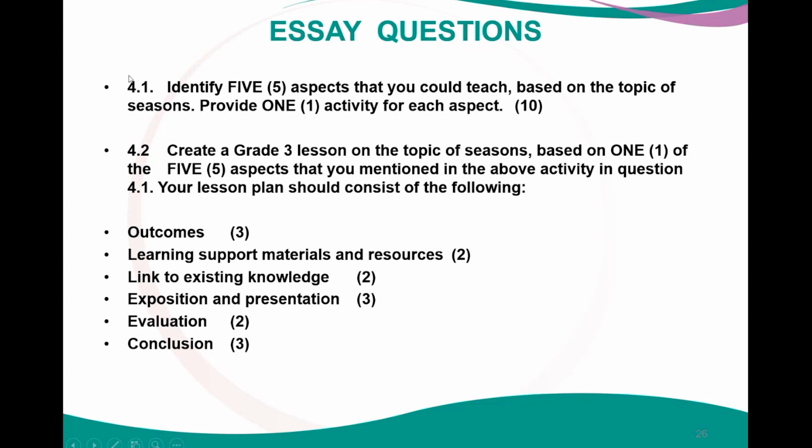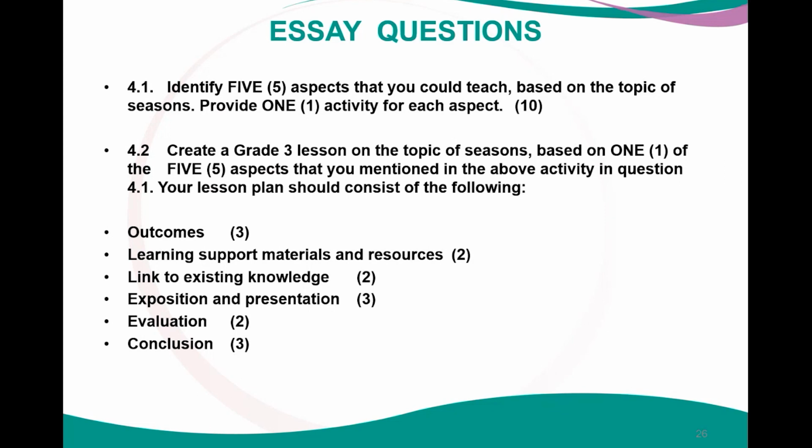And then it goes on to say, create a grade 3 lesson on the topic of seasons based on 1 of the 5 aspects. So if you have a subtopic, you're going to take that subtopic, only 1, not all 5 of them. You write what the outcomes of your lesson will be. You write what learning support materials you'll be using.